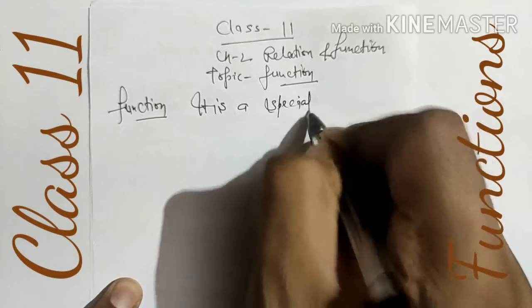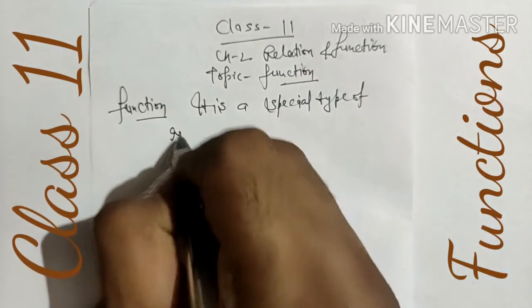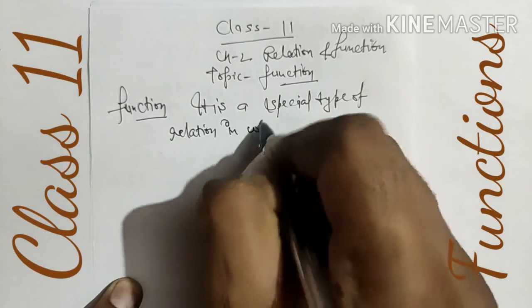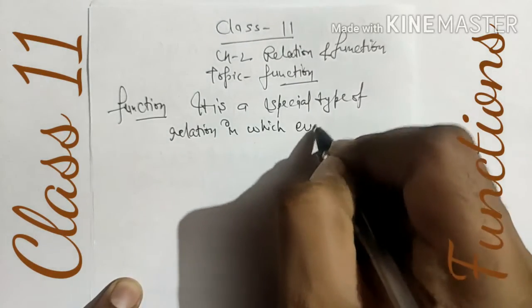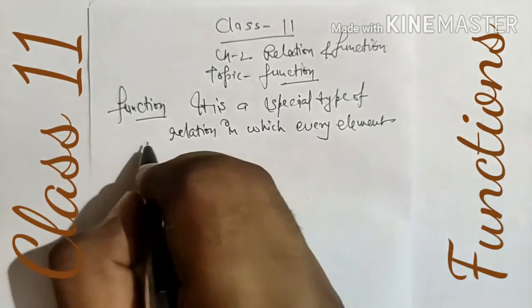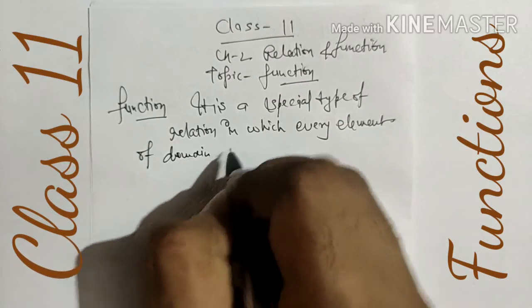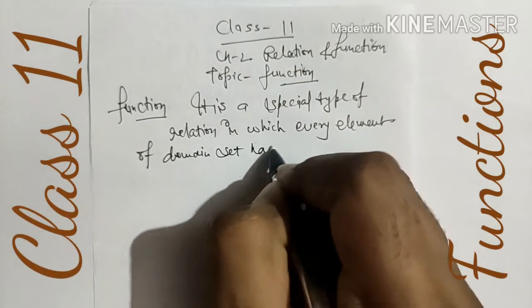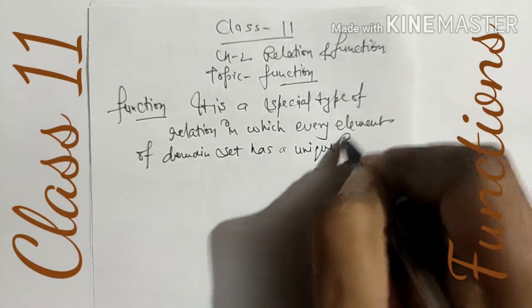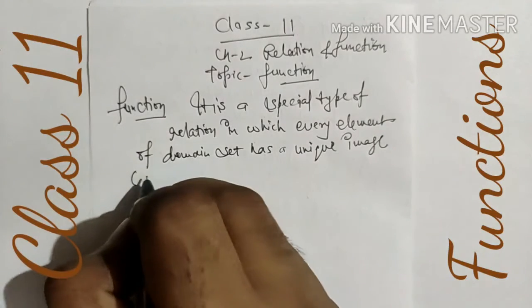It is a special type of relation in which every element of the domain set has a unique image in the codomain set.